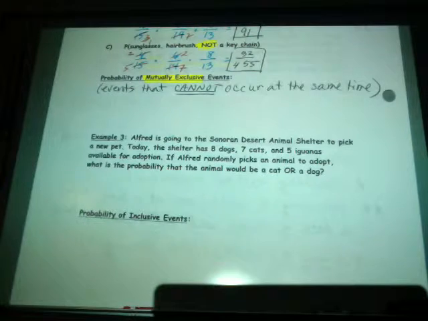For instance, I might say to you, what's the probability that I'll draw a card that is an ace or a queen? Can I draw a card that's both an ace and a queen? No, there's no such card. So those are mutually exclusive events. I want one or the other, but I don't want both.